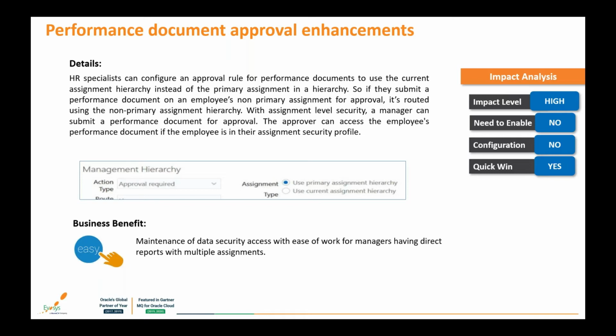Now we have the option wherein we can make it route through the non-primary as well as the primary assignment. In that case, whoever is the manager for that particular assignment gets the proper approval request and they can access the employee's performance document in case they are falling under that assignment security profile. So this gives better data security access with ease of work for the managers who are having direct reportees in different assignments.